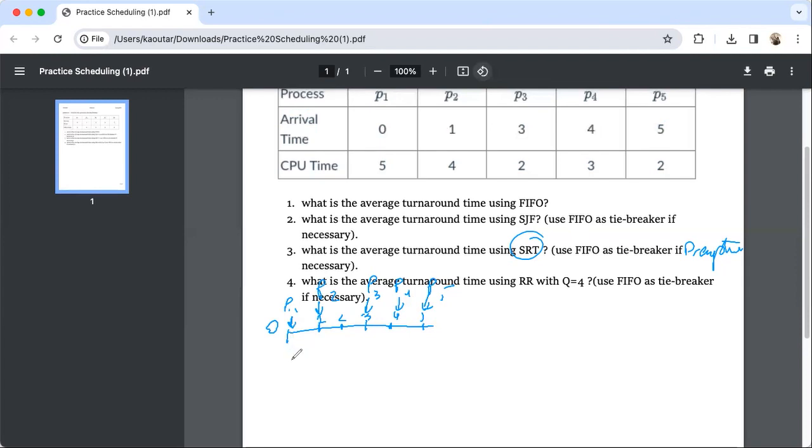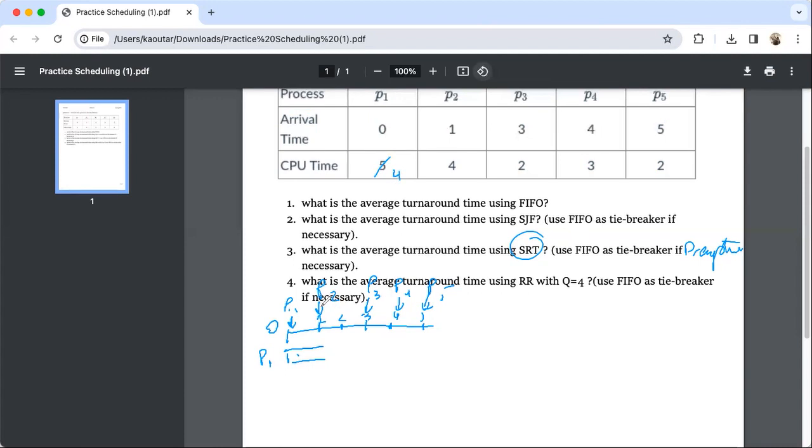So at time 0, the only existing process in the ready queue is P1. So P1 starts executing, okay? This is P1. Now at time 1, P2 arrives. So this is a preemptive algorithm, so the scheduler has to stop and compare their remaining times. At time 1, the remaining time for P1 now is 4.